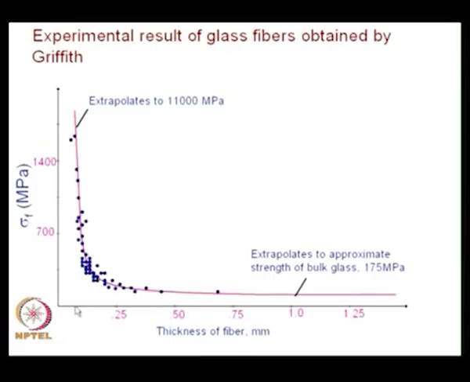Now, you take a fiber of glass thinner than this. What happens? When it is much below the size of that crack, you find the value approaches theoretical strength. So, now the story is complete.